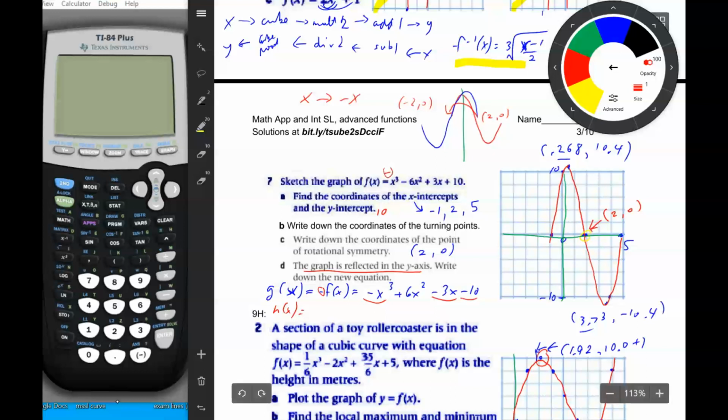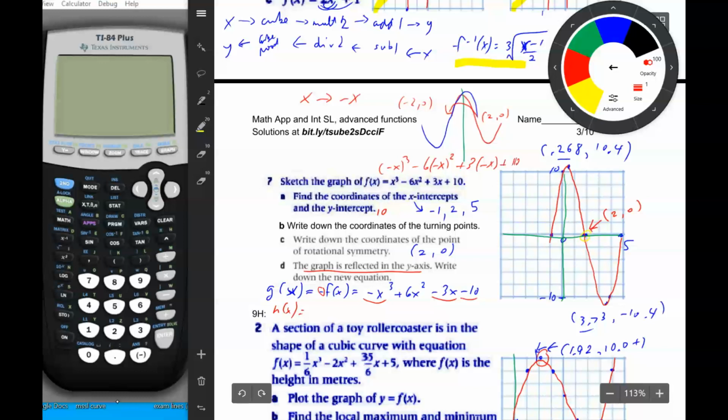That would become a negative x cubed, and then the negative 6x squared would also be negative x squared. You notice I always put it in parentheses. I'm going to show you why later. And then 3x becomes 3 times negative x, and plus 10 stays plus 10, right?